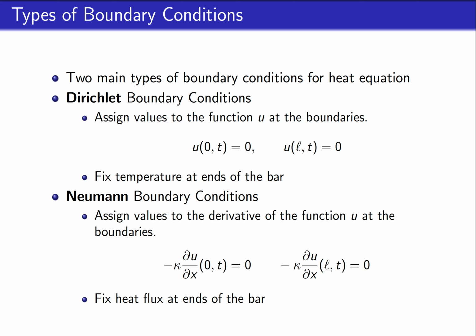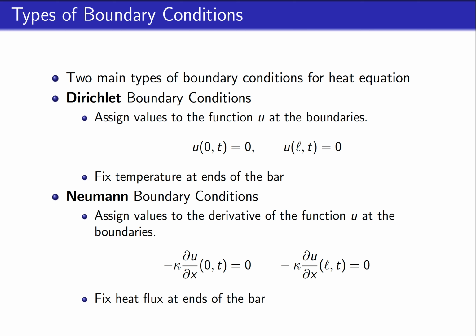So in this case, a value for u is assigned at x equals 0 and at x equals L. Physically, what this means is that we are fixing the temperature of the bar at both ends. Since the boundary conditions are both set to 0 at either end of the bar, we can think about putting the bar in an ice bath on either end and keeping it at 0 degrees Celsius.